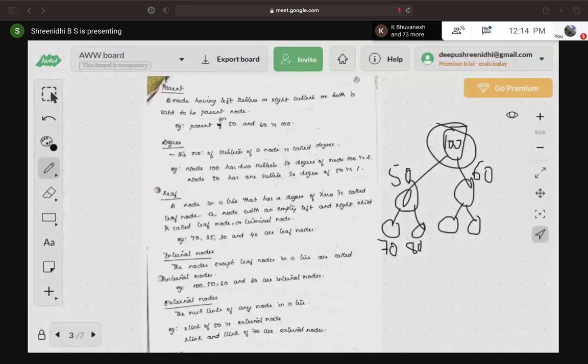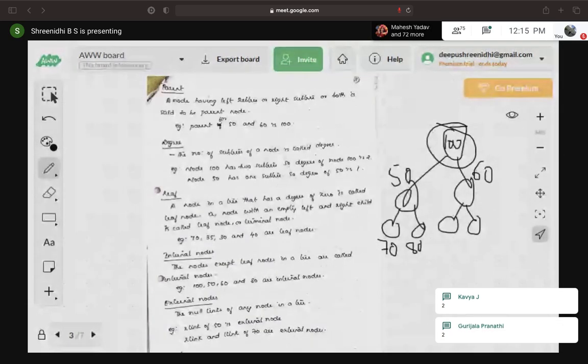So is it identifiable? The number of subtrees of a node is called its degree, as I told you. So the number of subtrees for 100 is how many? 2, so the degree will be 2.